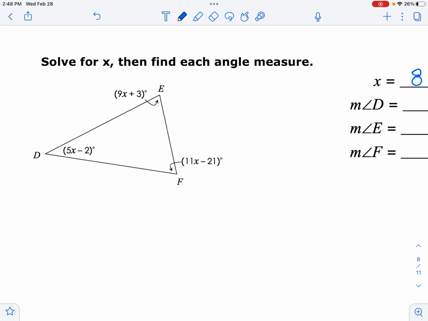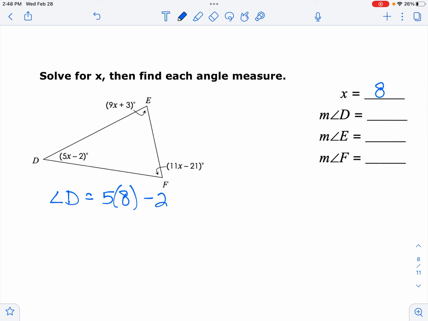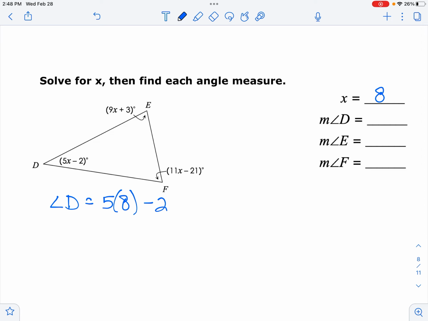Angle D would be equal to 5 times 8 minus 2. Okay, so that's 40 minus 2, which is 38 degrees. Angle E would be equal to 9 times 8 plus 3.